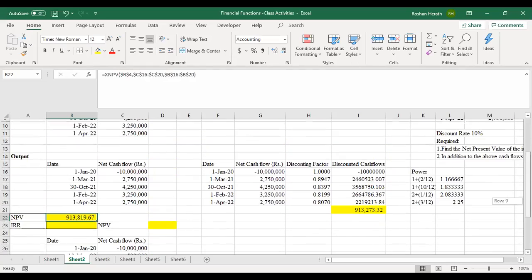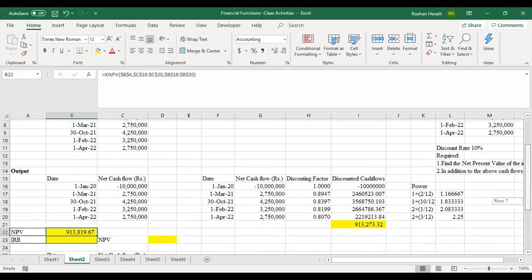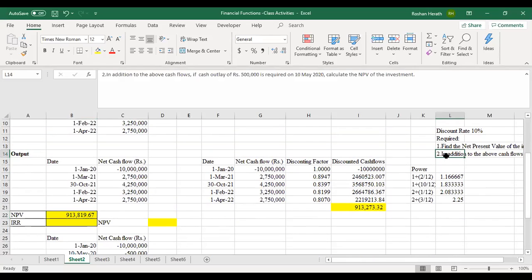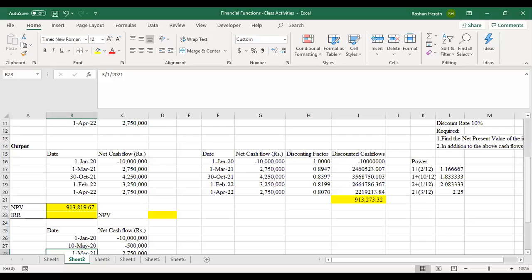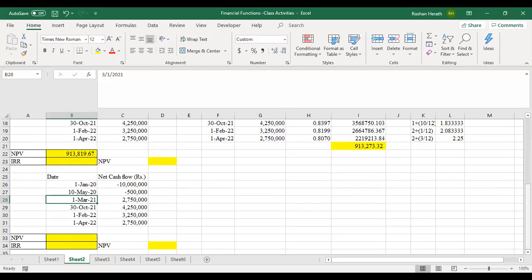And thereafter, this particular question was expanded by saying that there's another cash flow in between the first cash flow and the second cash flow. The only thing we wanted to ensure is that when you take this cash flow which occurs on 10th of May 2020, as I emphasized earlier, the order must be maintained.